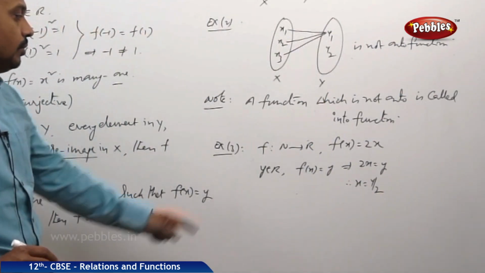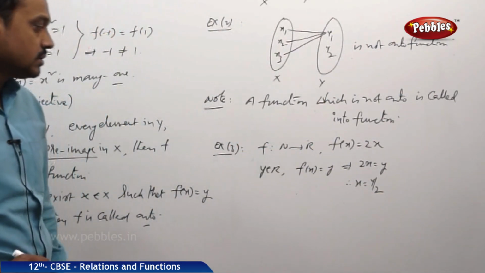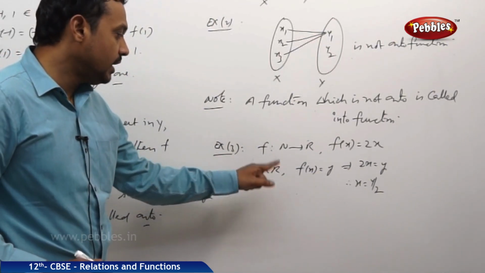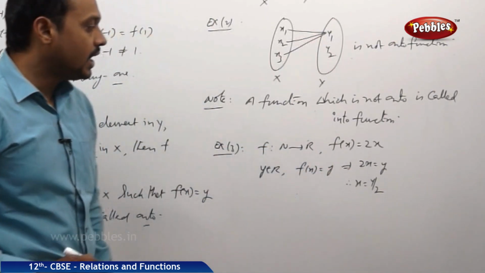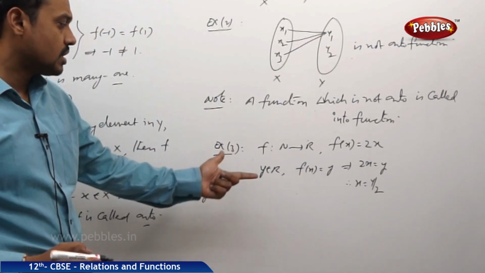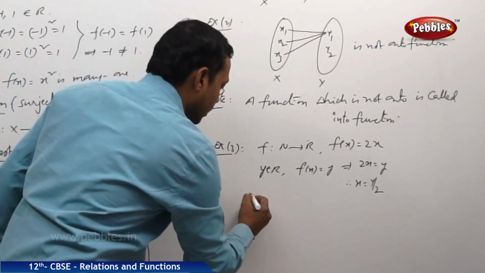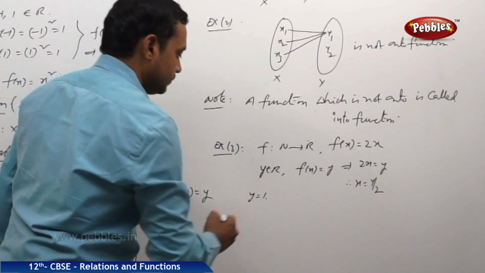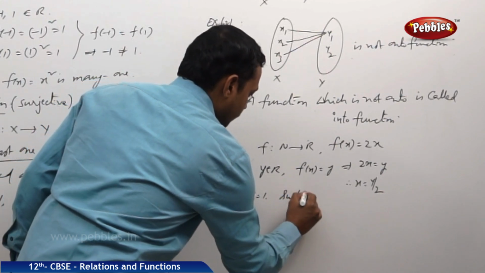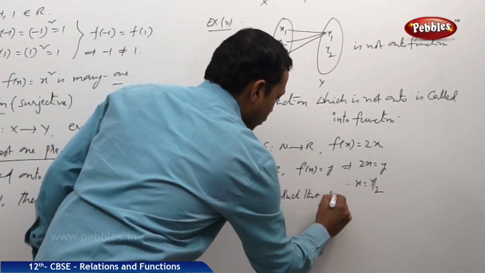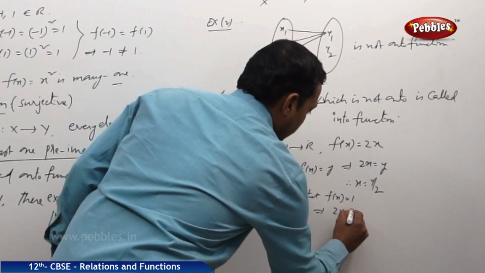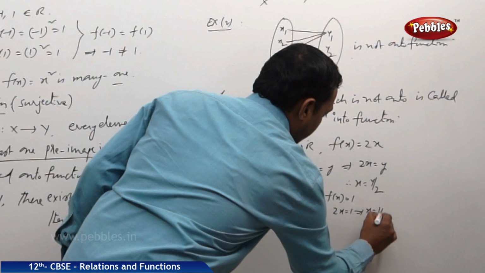Is y by 2 a natural number always? No. Because for some y values it may be a natural number, but not for all the real numbers. So suppose without loss of generality, y is equal to 1. If y is equal to 1, such that f of x is equal to 1, that means 2x is equal to 1. Therefore, x is equal to 1 by 2.